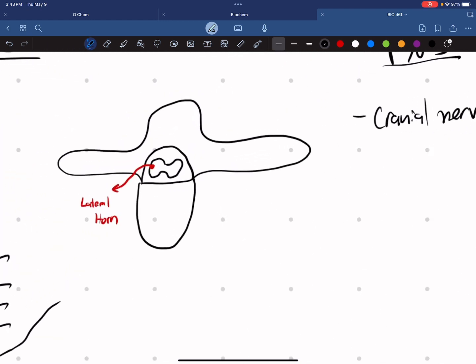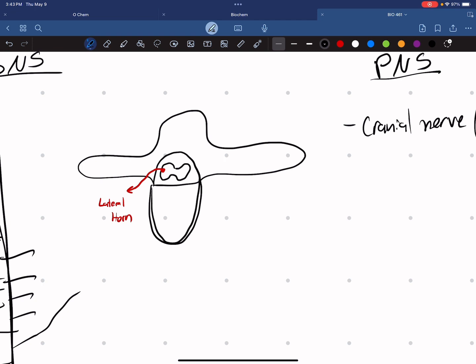And so specifically on the spinal cord here, which is what we have drawn, we have this area of the spinal cord, and the sympathetic nerves will stem from here, what's called the lateral horn, which is right in here.